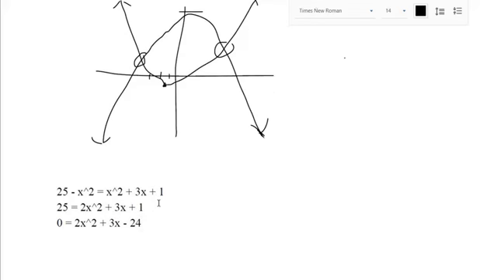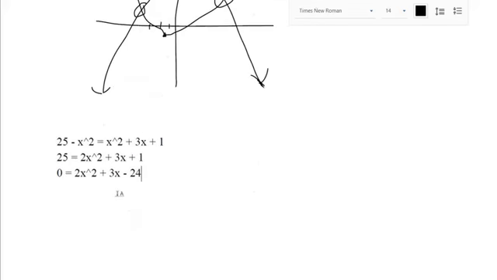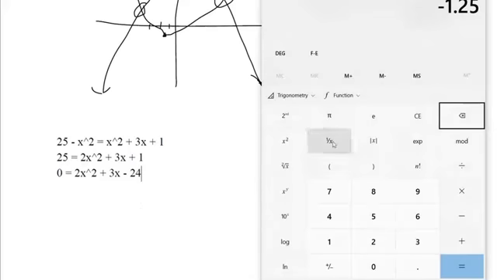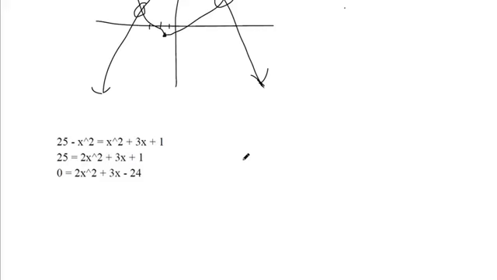And I don't know if this is factorable, or we could use the quadratic formula. We'd have to have two numbers that multiply to be 48, but add up to be 3. I don't think I'm going to be able to find it. No. Okay, so let's use the quadratic formula to find out where they cross.